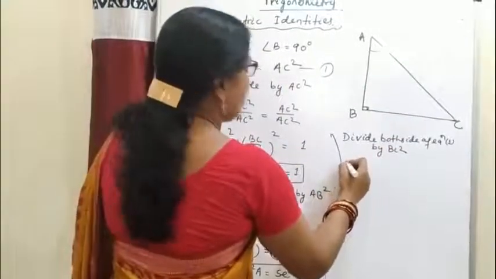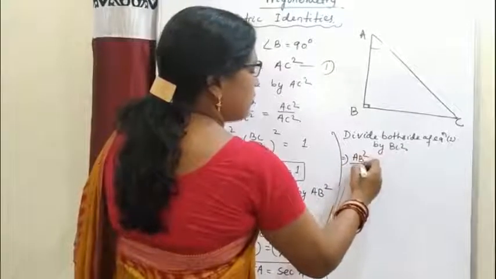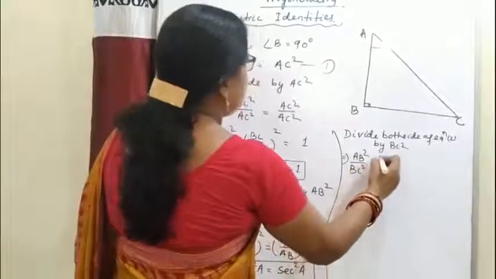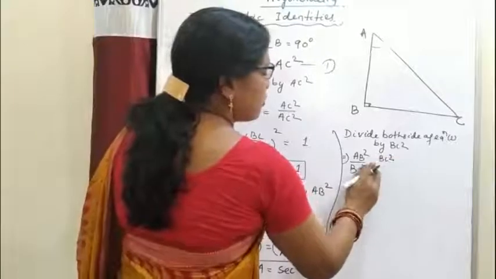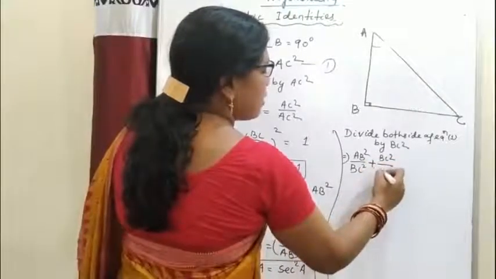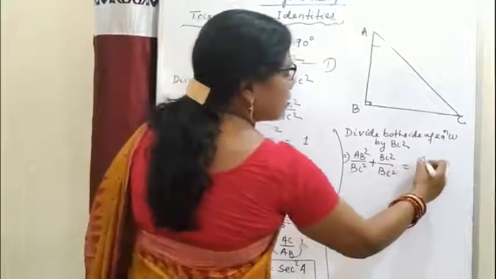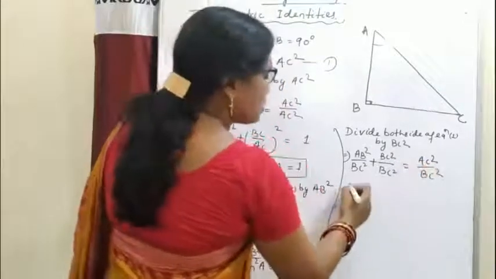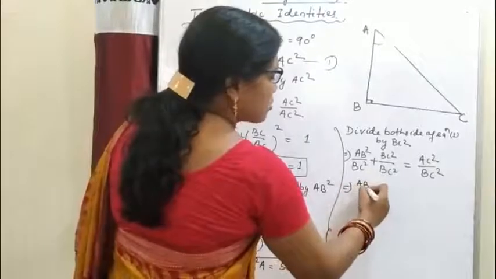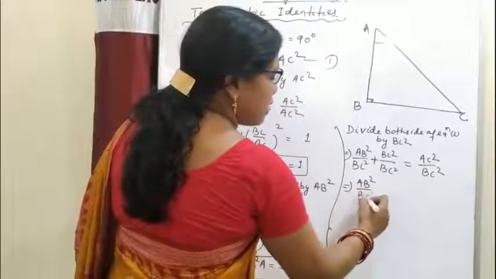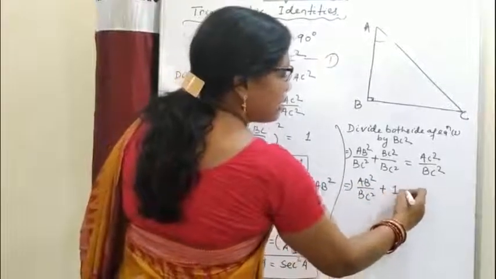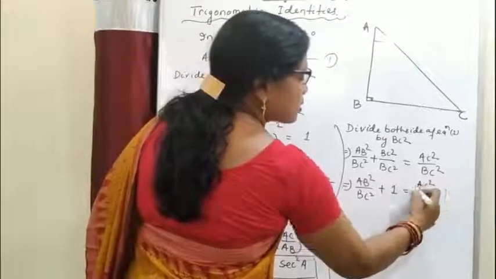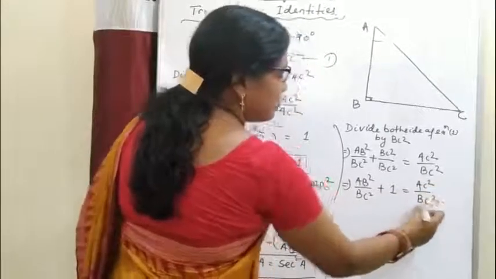AB square by BC square plus BC square by BC square is equal to AC square by BC square. So this implies AB square by BC square plus 1 is equal to AC square by BC square.